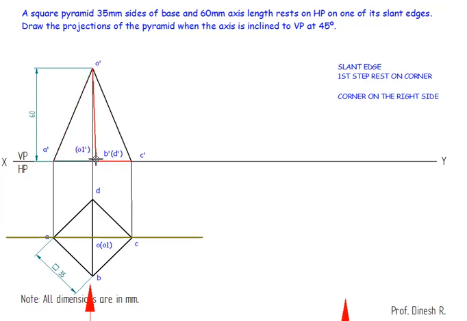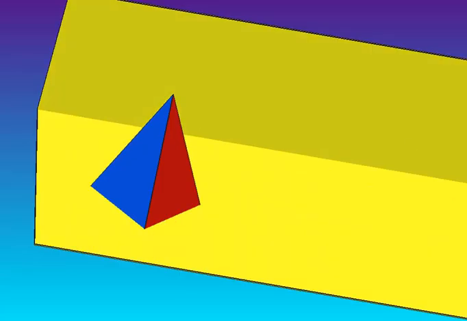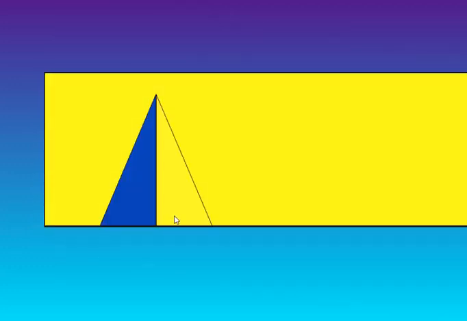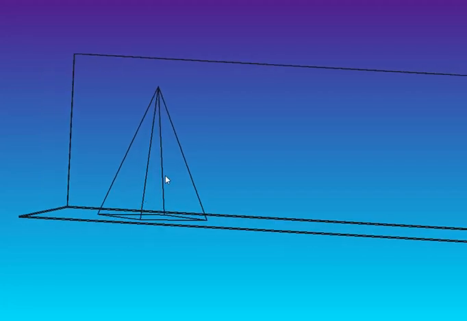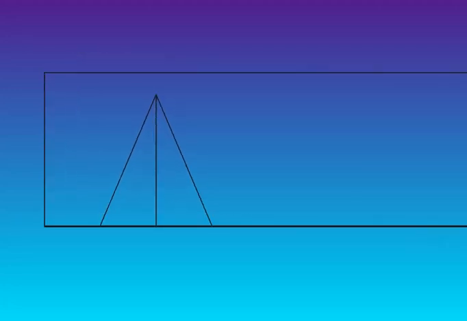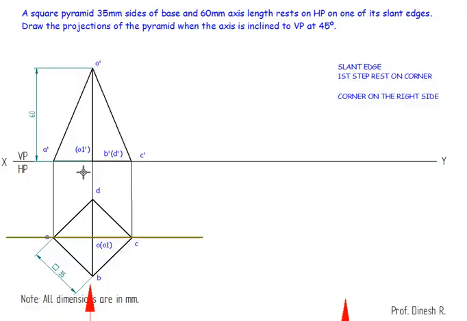So from here it should be a thick line because it's nothing but the slant length. So here you can see that in the front view, if I keep it as a wire frame, this edge is seen, but this edge is not seen. So that is what has been drawn.